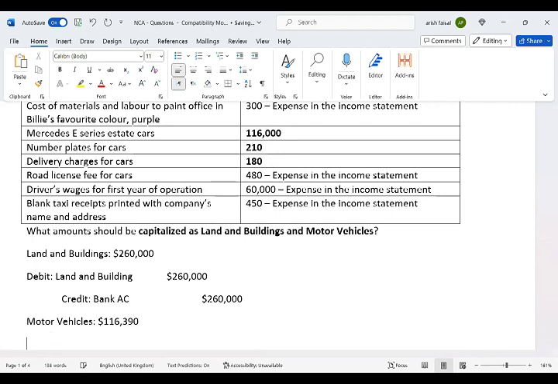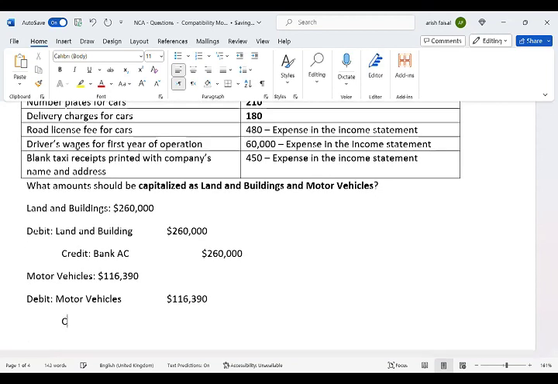For that also the entry will be debit motor vehicles with the amount of 116,390, and credit, again assuming that Billy has spent money from his bank account, bank account credit with the amount of 116,390.